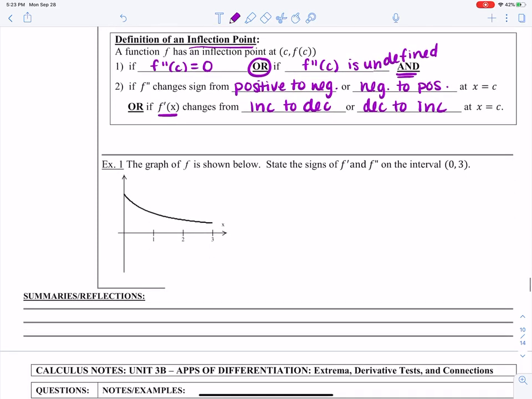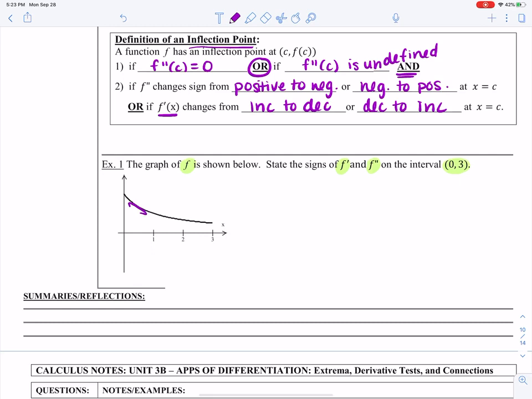So let's look at a graph. On this graph, this is the original function f. It says to state the signs of f prime and f double prime on this interval from 0 to 3. So let's look at a number of things. The first thing, we want to look at slopes.